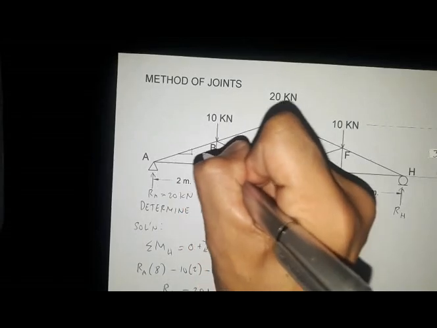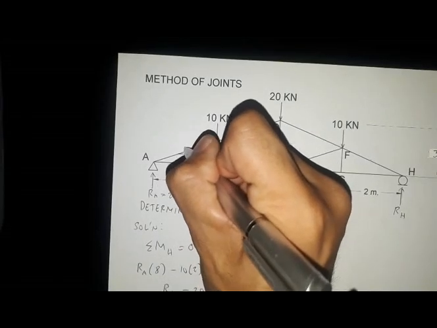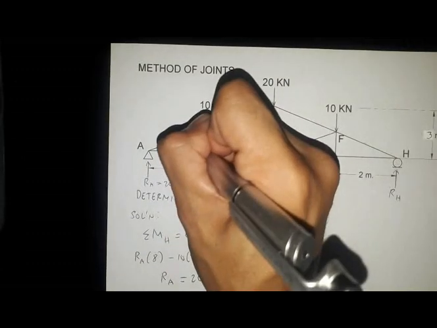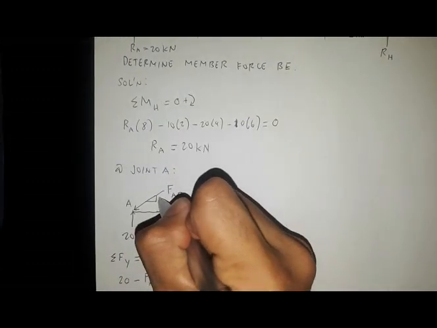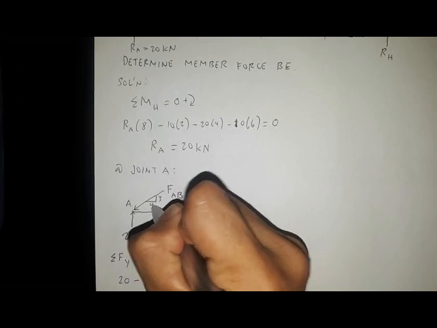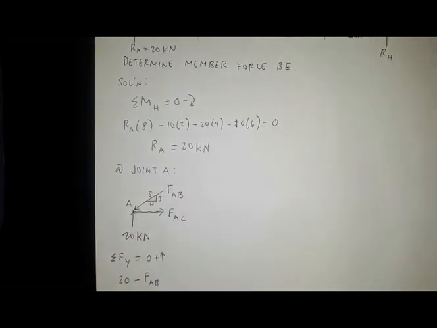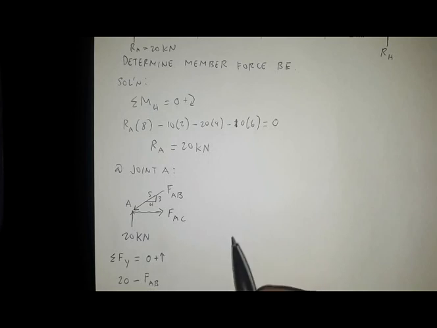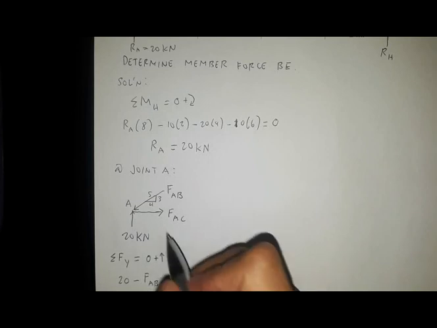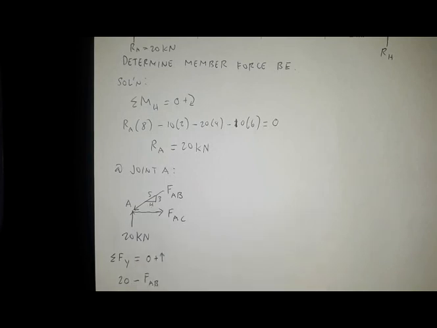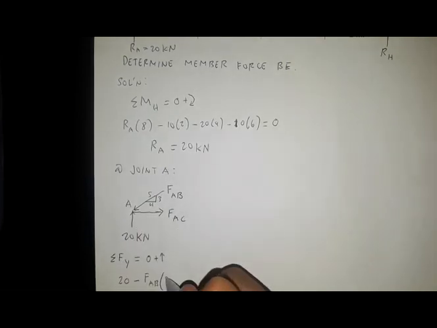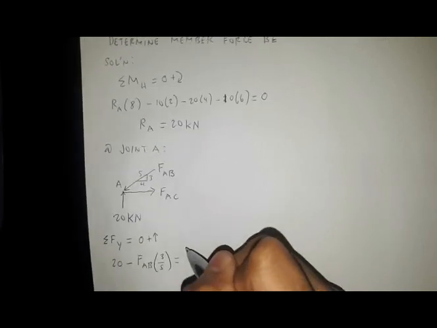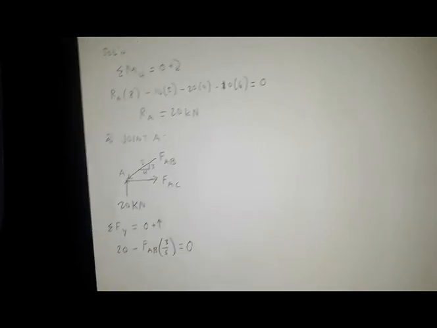So we have to multiply AB by its Y component, which is 3 over 5, equals 0.